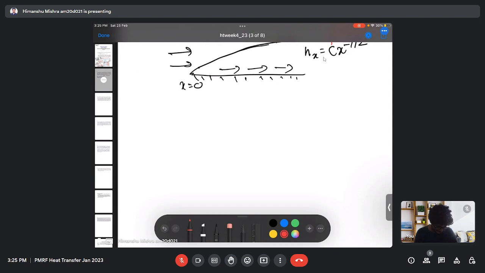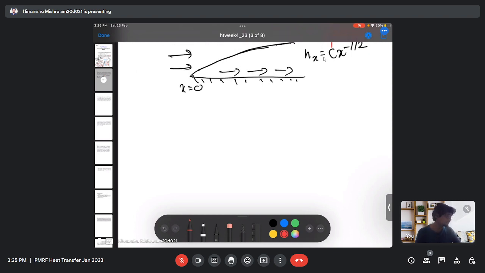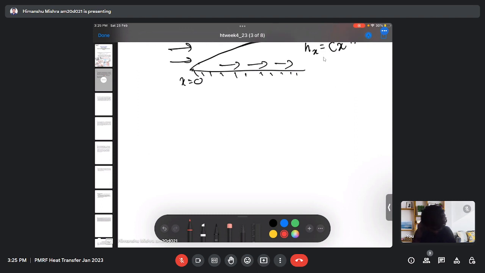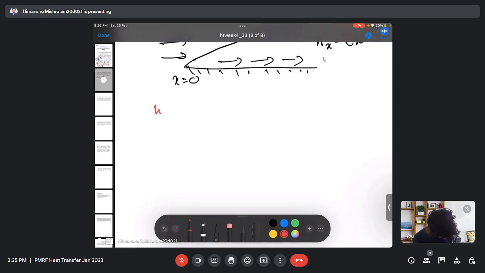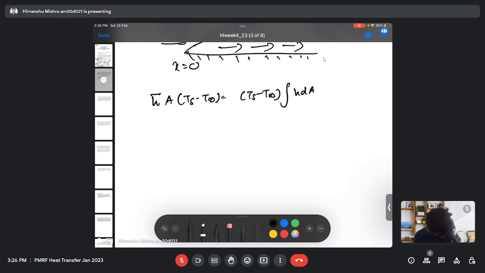So we can use the relation h bar equals integral of h dA over A. On simplifying this relation, we can write the average heat transfer coefficient in terms of the local heat transfer coefficient.